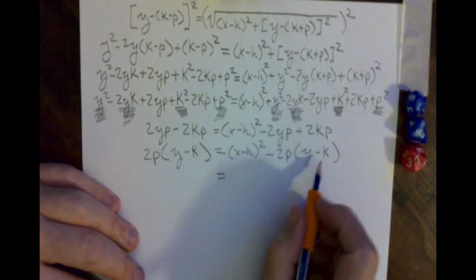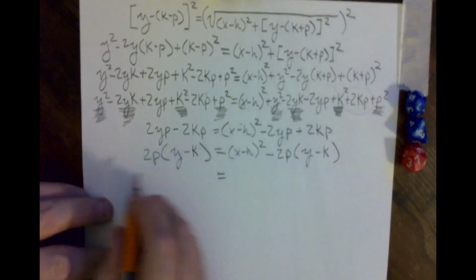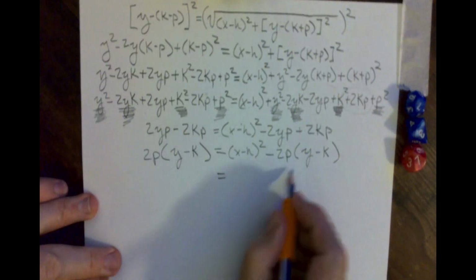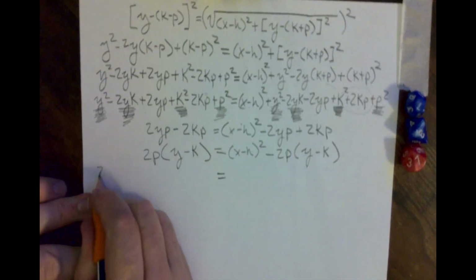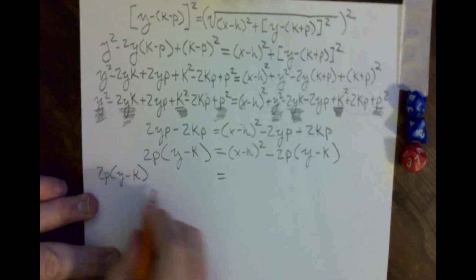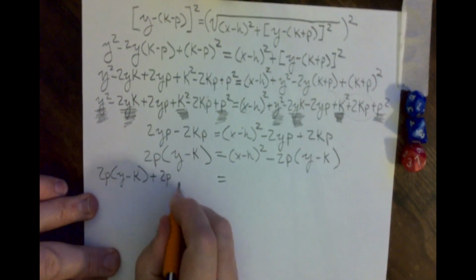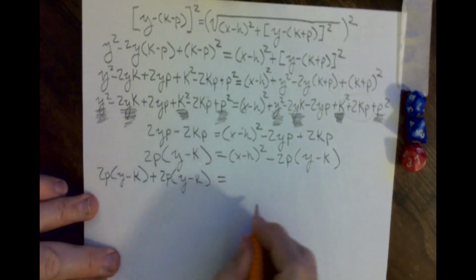Or you can think of it as moving the term from one side to the other, and then you just change its sign. So over here we have 2p y minus k. And then moving this over turns it to positive, switches the sign, y minus k.